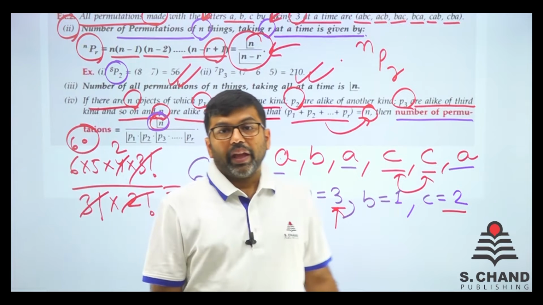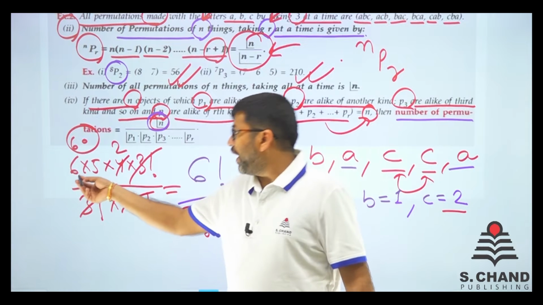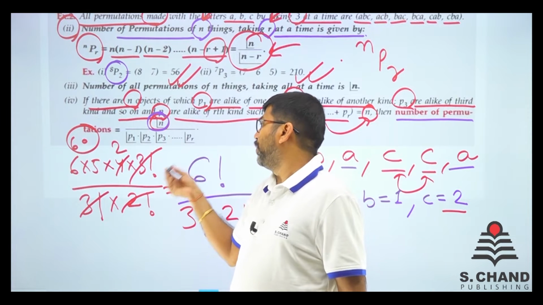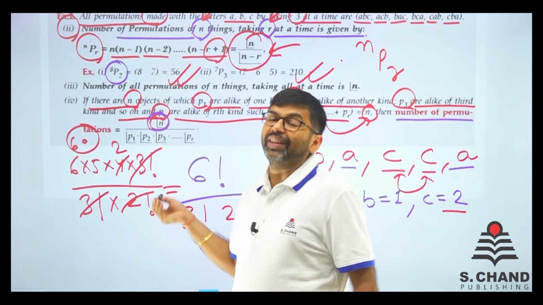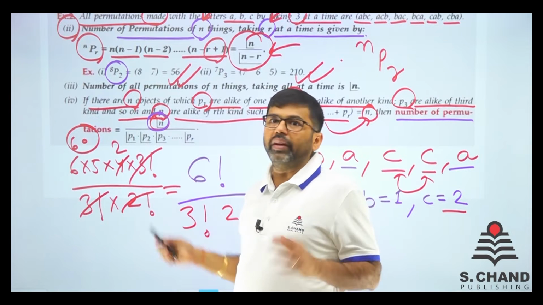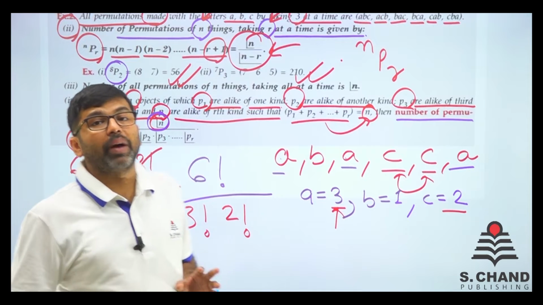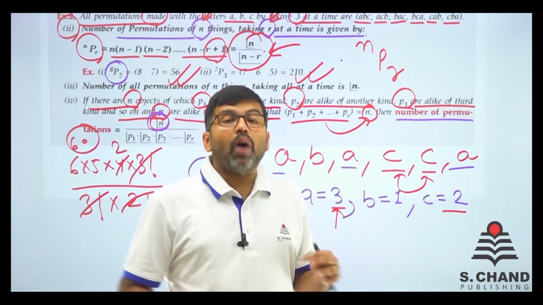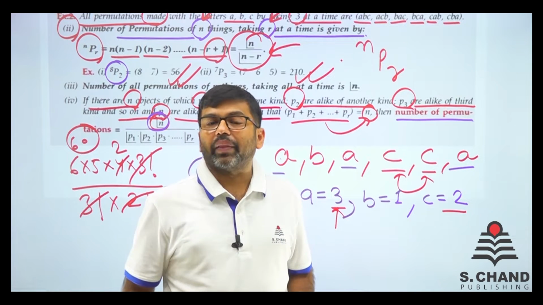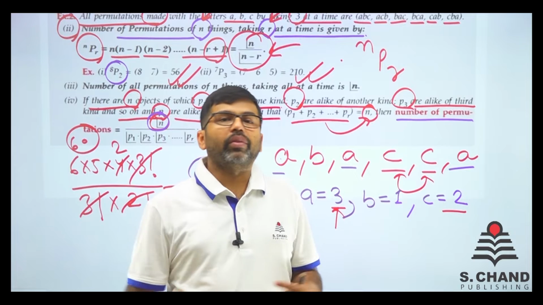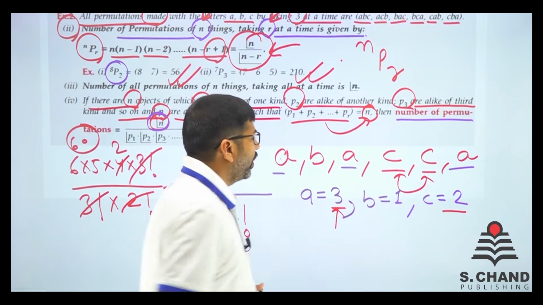And you can also write 6 into 5 into 4 into 3 into 2 into 1, and that 3 into 2 into 1 is again 3 factorial. So this is the permutation part. Permutation is how many types of arrangements there are, the number of ways you can arrange certain things, right?